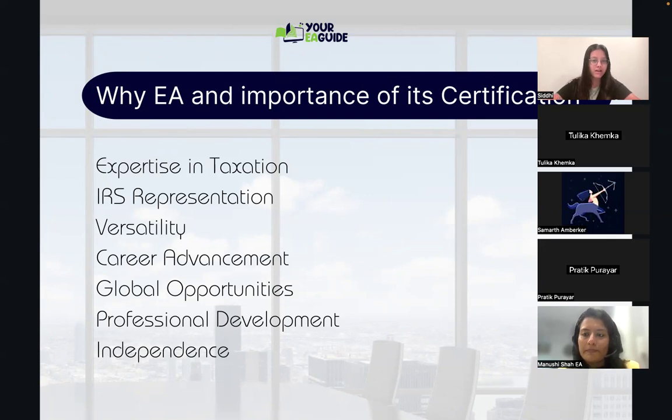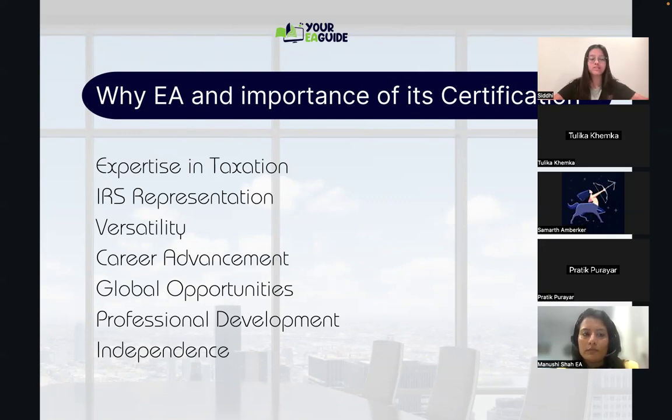So it's not like we are going to teach it just to clear your exams. It will be from an overall 360 angle. Once you clear your EA, even in the case of representation, we are going to take examples of notices.